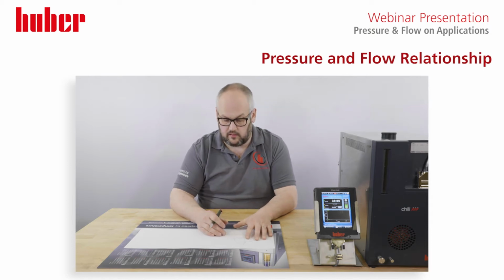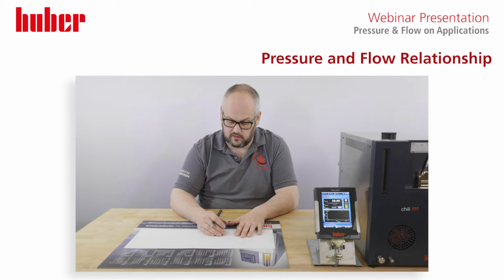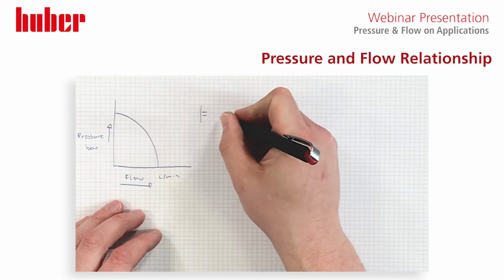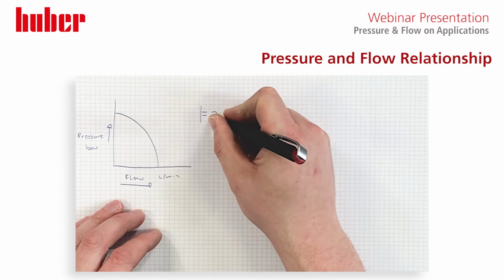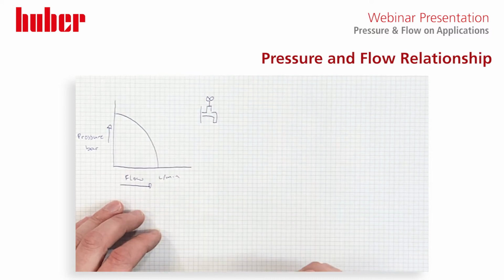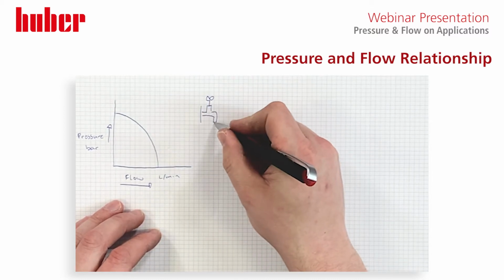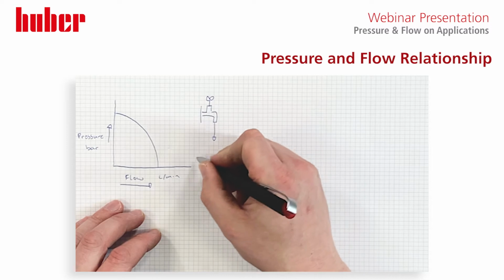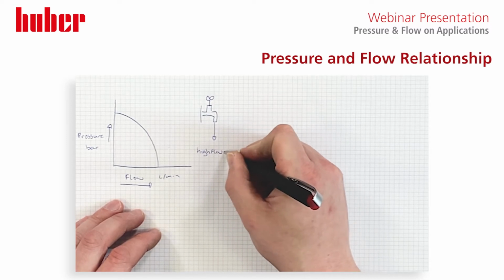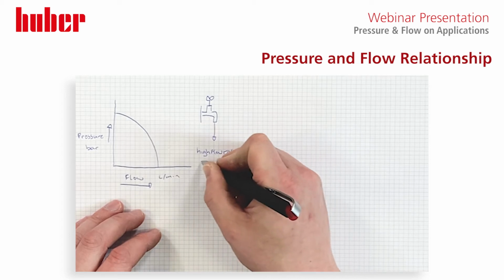Another way of looking at the pressure-flow relationship, kind of a more simplistic way, is if you take a tap, forgive my drawings here, if you have a standard tap without any restrictions here, you get high flow rates, but low pressure.